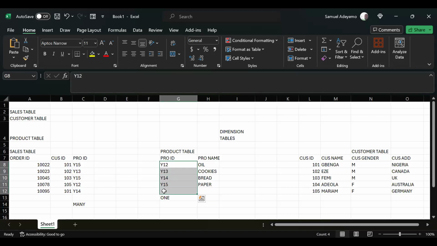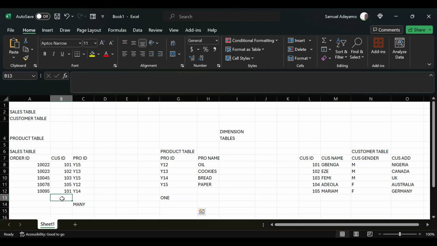By the time the product ID gets to the transaction table, which is this sales table, the product ID becomes a foreign key, don't forget that, and the cardinality is going to be many because there's a duplication of values on this table. So when I'm creating a relationship between the product table and the sales table, looking at it from the product table to the sales table, it is going to be a one-to-many relationship.